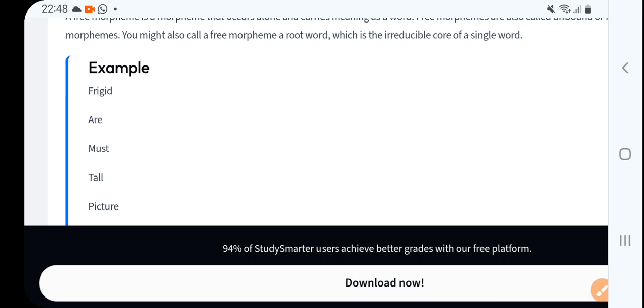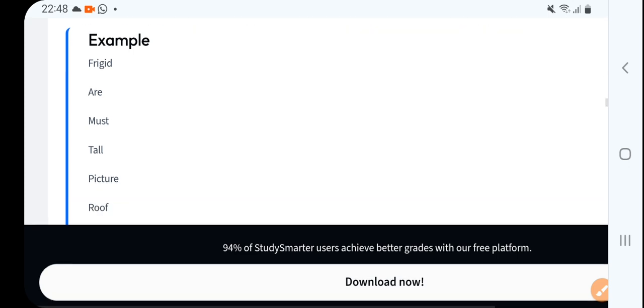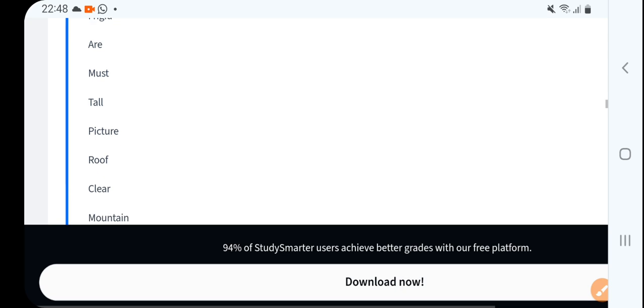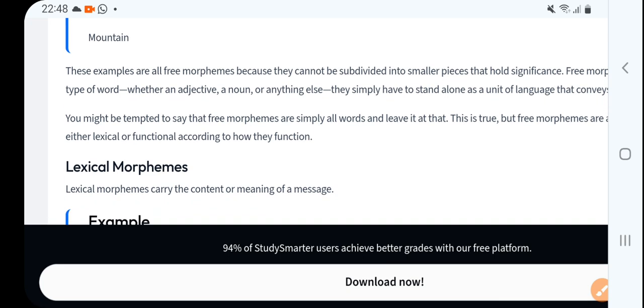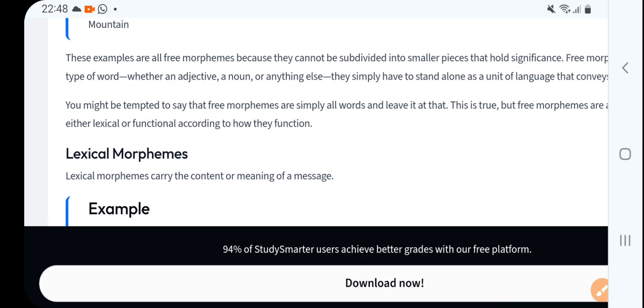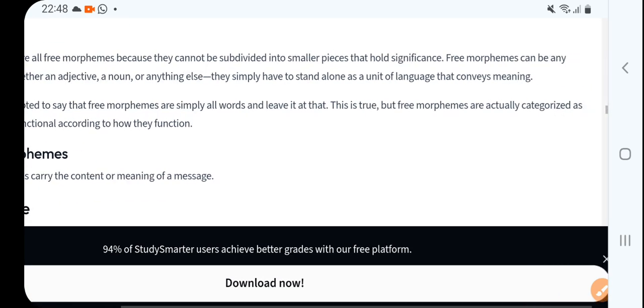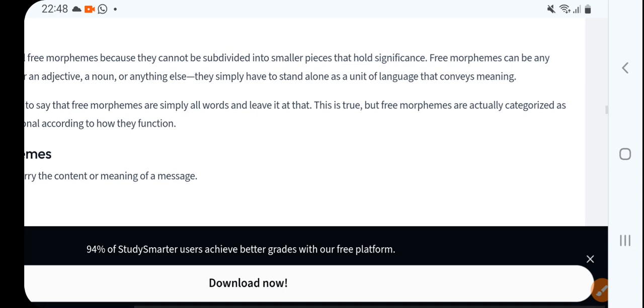Examples: fridge, frigid, are, must, tall, picture, roof, clear, mountain. These examples are all free morphemes because they cannot be subdivided into smaller pieces that hold significance.